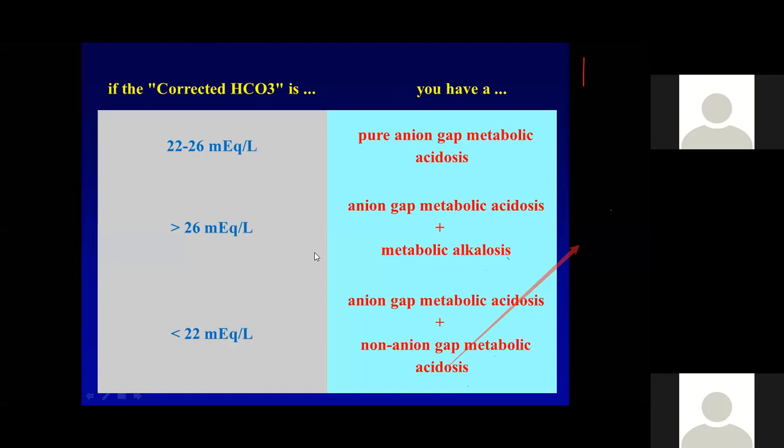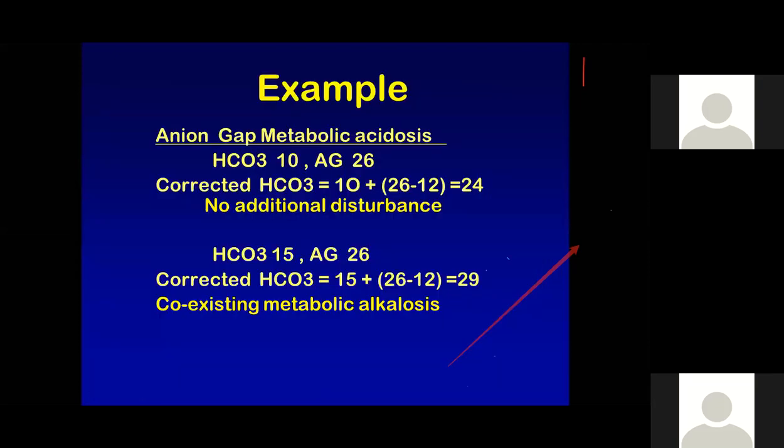If it is more than 26, then there is an additional metabolic alkalosis present. And if it is less than 22, that means the anion gap metabolic acidosis is associated with another non-anion gap metabolic acidosis. So these are all complex things, but just for completion's sake, you have to understand and keep it in your mind. Only the first 4 steps are very, very important.